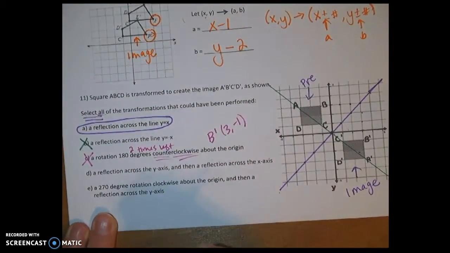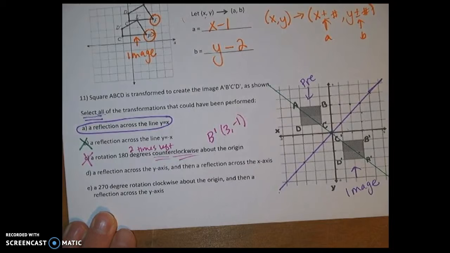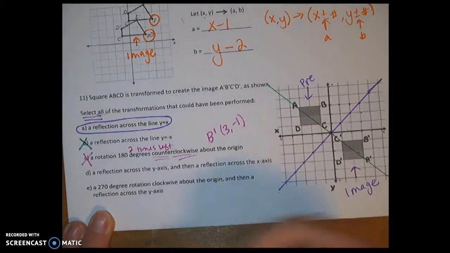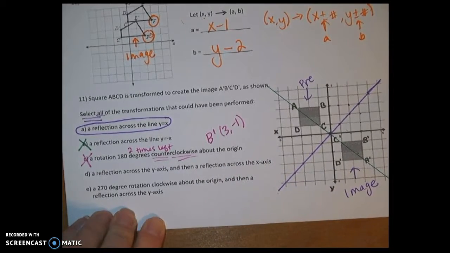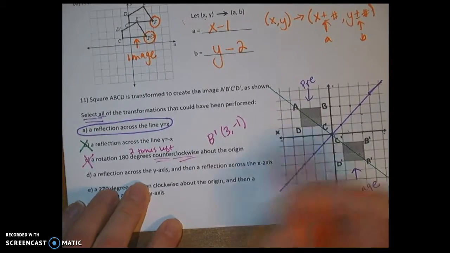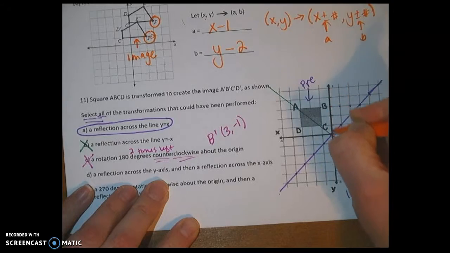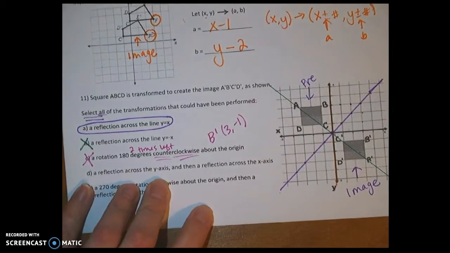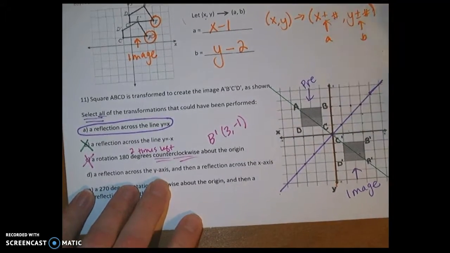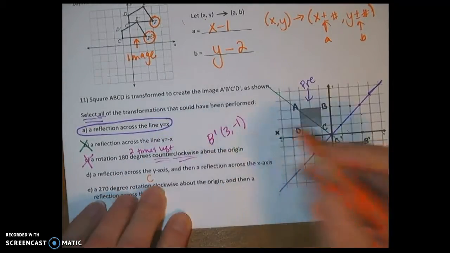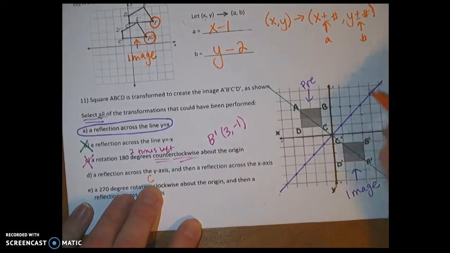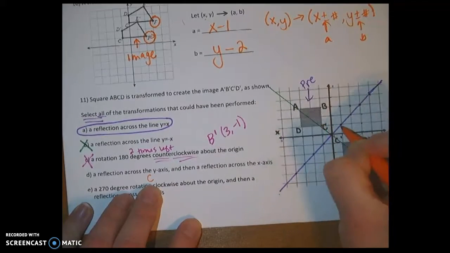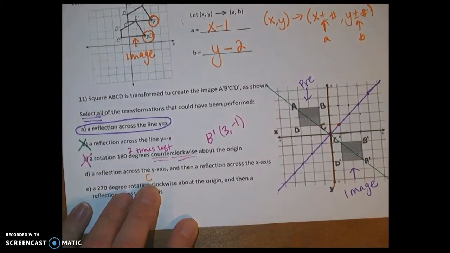Next, we have a reflection across the y-axis and then a reflection across the x-axis. So I have my y-axis right here, and I'm going to pick a point. I'm going to pick a different point this time, and I'm going to use C. If I reflect C across the y-axis, so here's C right here, and I go across the y, it's going to be right there.